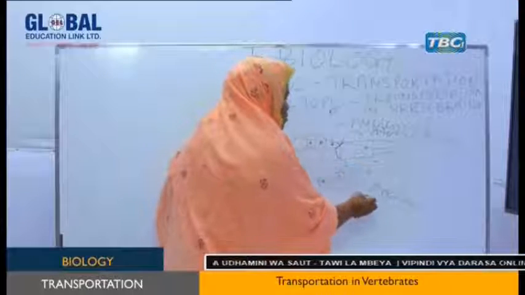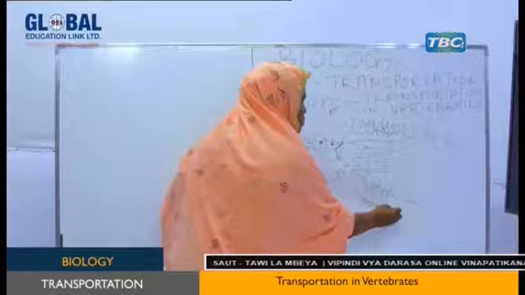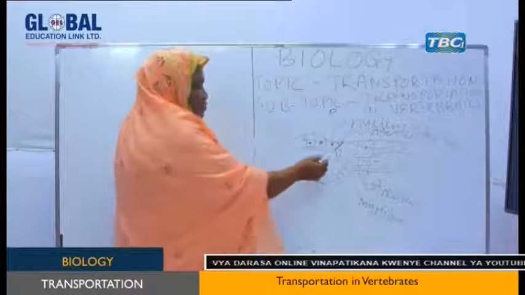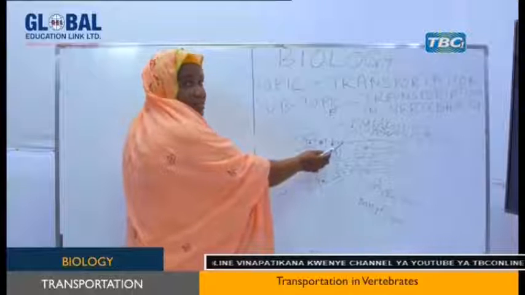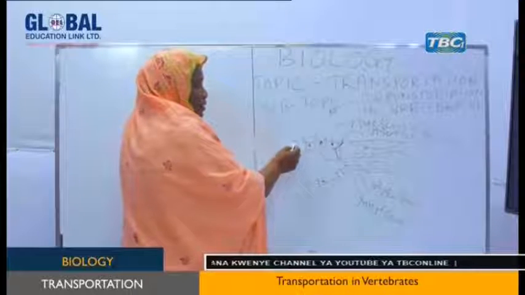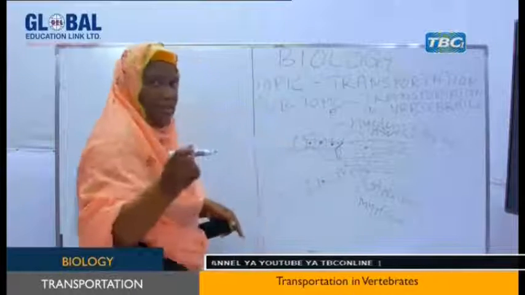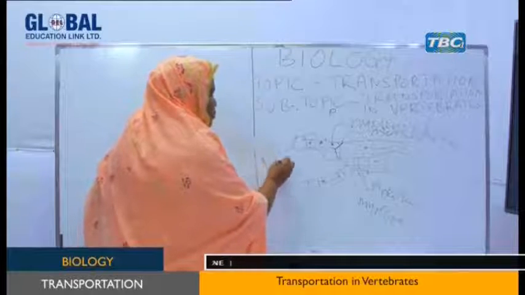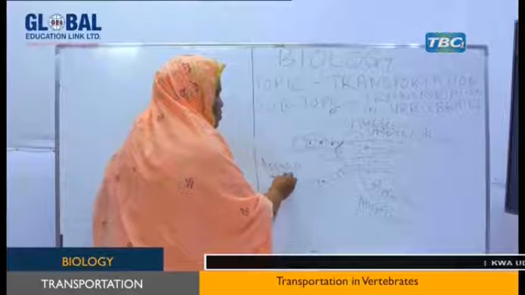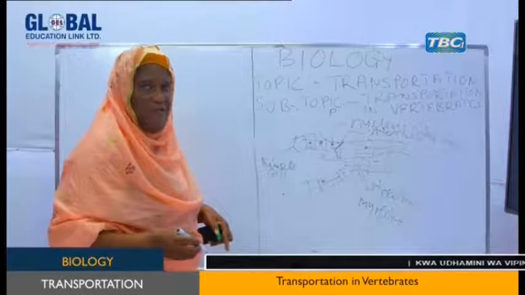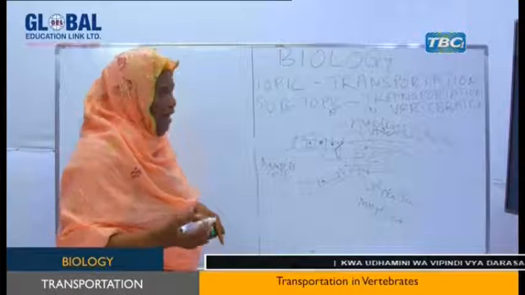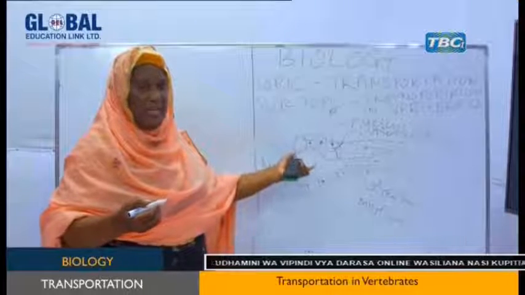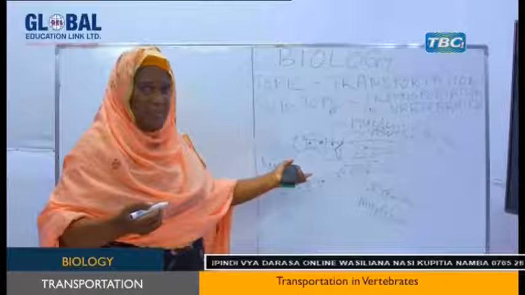So myofibrils are there, and from this band to here, it forms the so-called muscle cell or muscle fiber. Therefore, structurally, muscle fiber looks like that diagram.